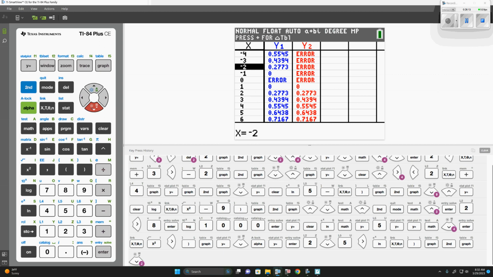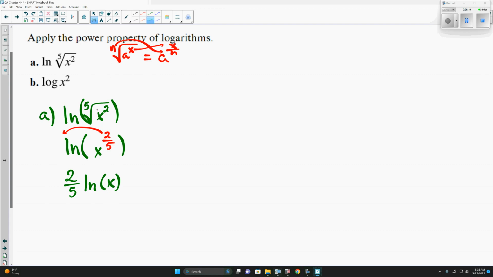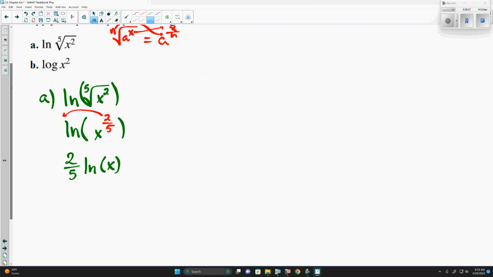And it does for the most part. It's just the other side doesn't work out. But that's mainly due to the fact that the x is not squared anymore, so we don't get the positive and negative. But this is the simplified version of it. Questions on this here?